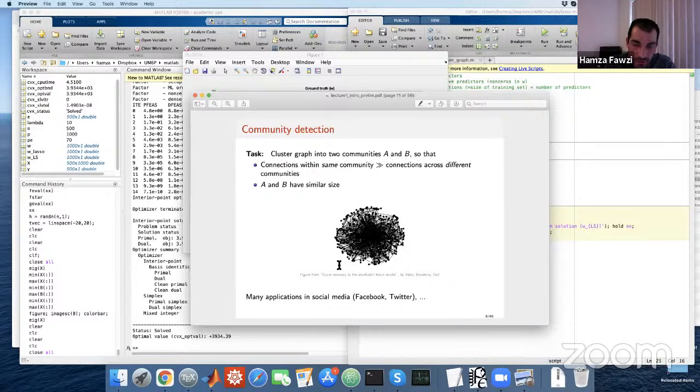This is one graph that you can see. Maybe it has 600 nodes or so, so it's very difficult to see any two communities in this graph. The goal of community detection is to label each node as belonging to community A or to community B. In this example of a graph, this is an assignment of nodes to communities.